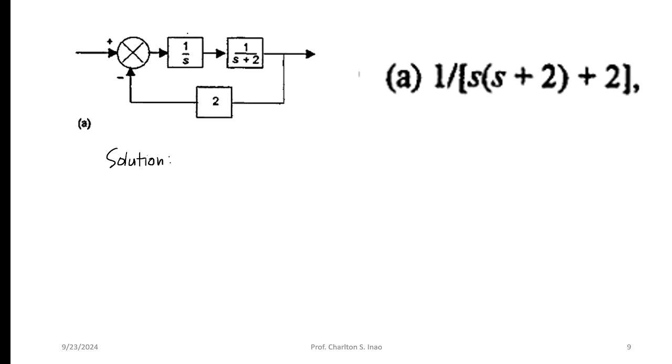These two blocks are arranged in series, so what we have to do is just multiply, right? So 1 over S, then 1 over S plus 2. Okay, so it's like this.